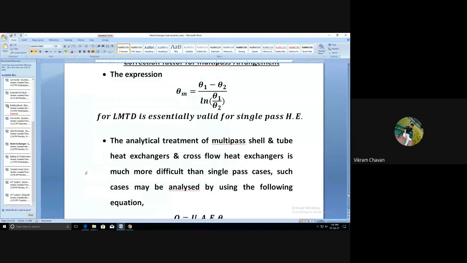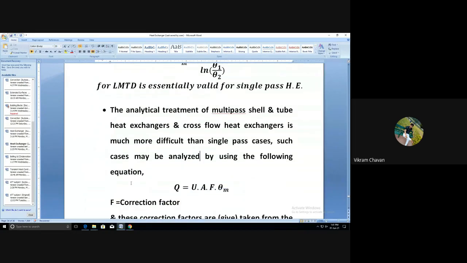Such cases may be analyzed by using the following equation.